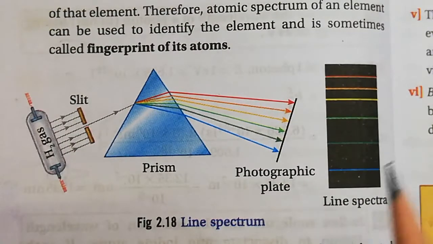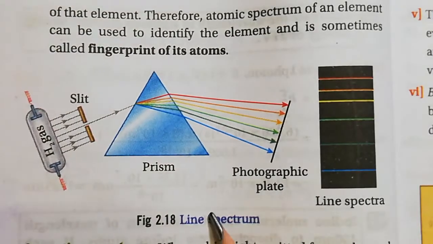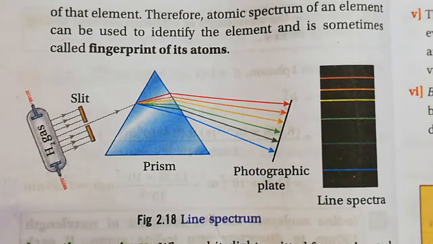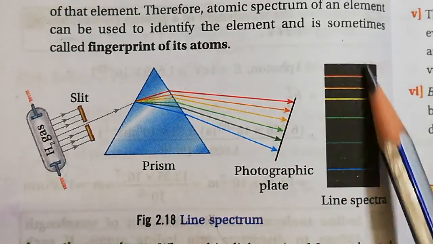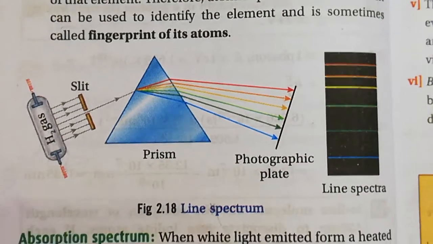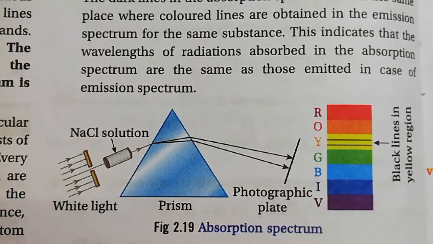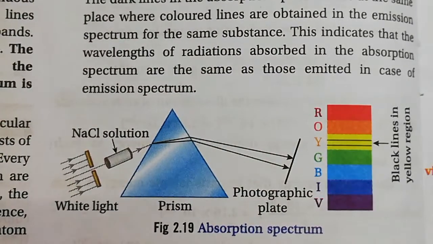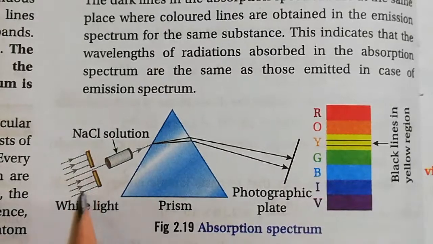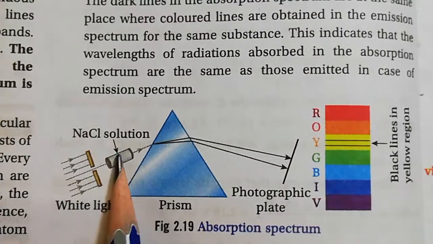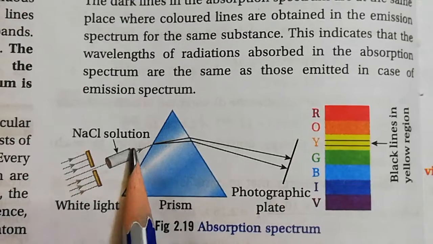The spectrum obtained here is the line spectrum, and that is the emission spectrum. There can be another kind of spectrum, and that is the absorption spectrum. Here the absorption occurs whenever white light is allowed to fall through, say, NaCl solution, and the NaCl solution will absorb a part of it.